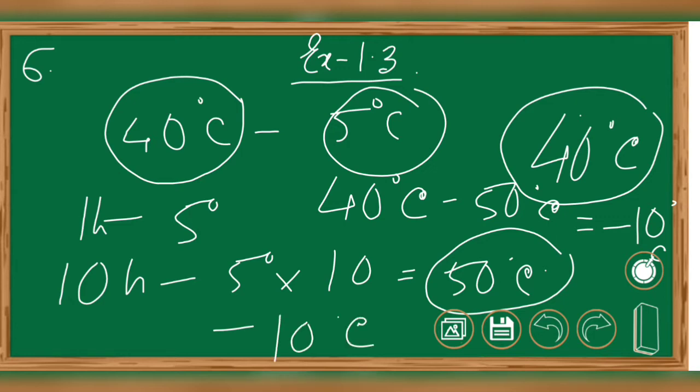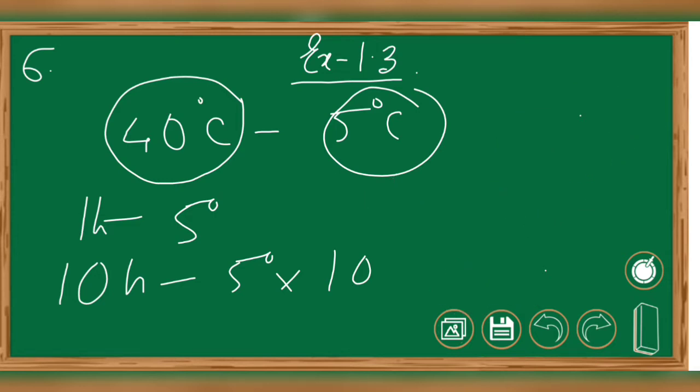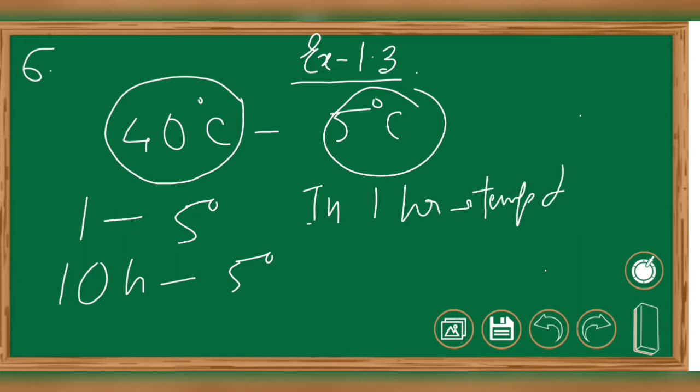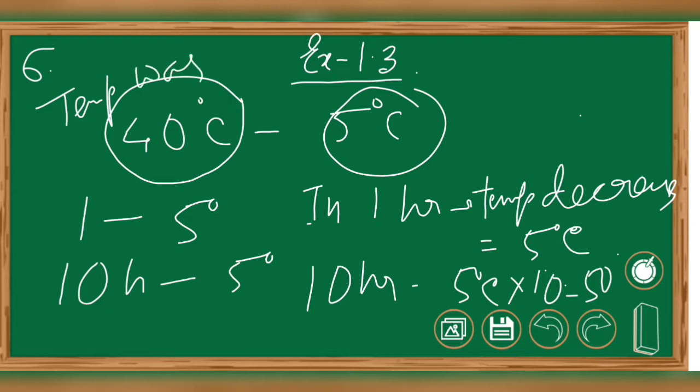And how will you write it? You will write that in 1 hour the temperature decreases 5 degrees centigrade. So in 10 hours it will be decreased by 5 degrees centigrade into 10, it means 50 degrees centigrade. So you will write the temperature was 40 degrees centigrade.